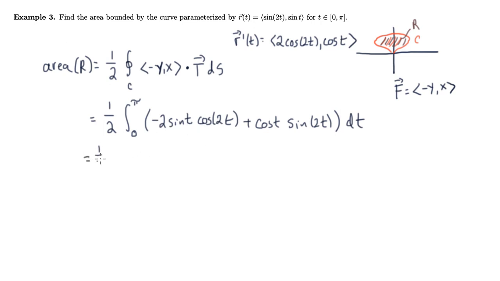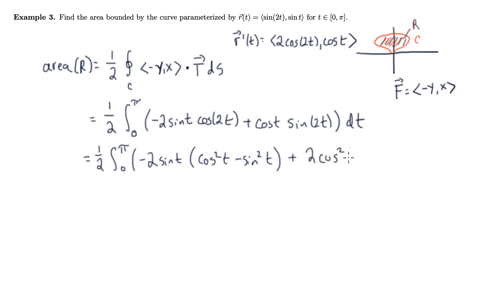So this is 1/2 from 0 to pi of minus 2 sine t times cosine squared t minus sine squared t, plus sine 2t, which is 2 sine t cosine t, so this is 2 cosine squared t sine t. Super cool. dt.